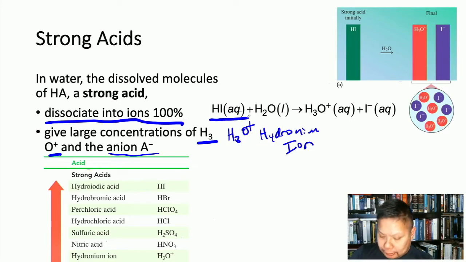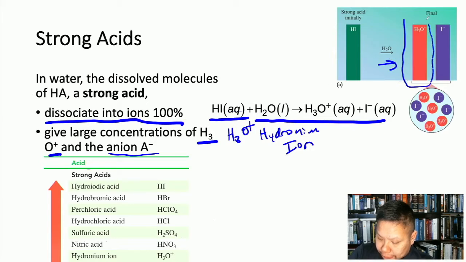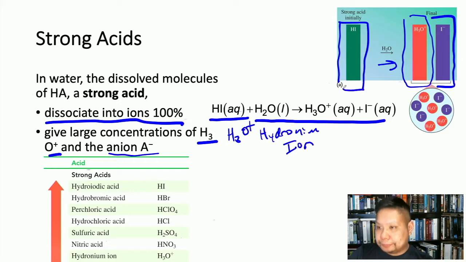It gets dissolved in water and becomes the hydronium ion and the iodide ion. You can see in this graph that when it dissociates, 100% of it becomes hydronium and iodide ions, and none of it remains as hydrogen iodide.